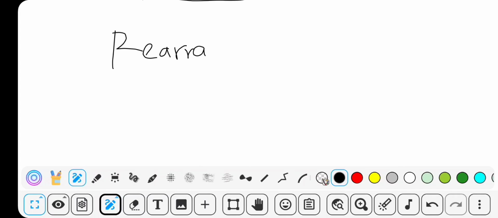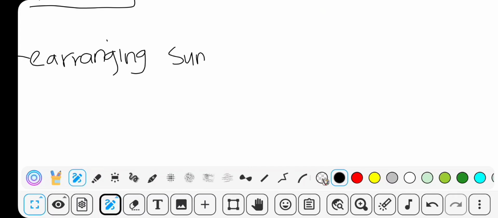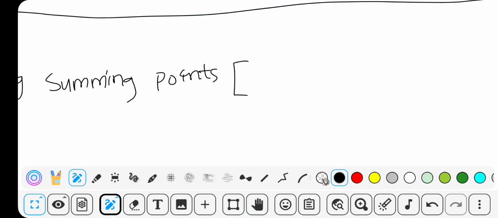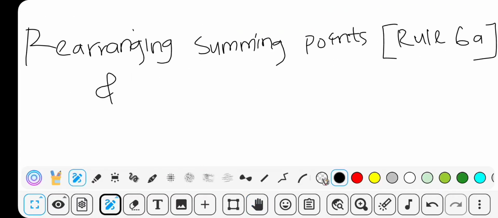Rearranging summing points, rule 6a, and also combining blocks in cascade, like I said.